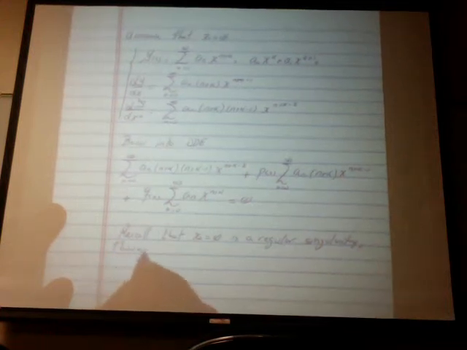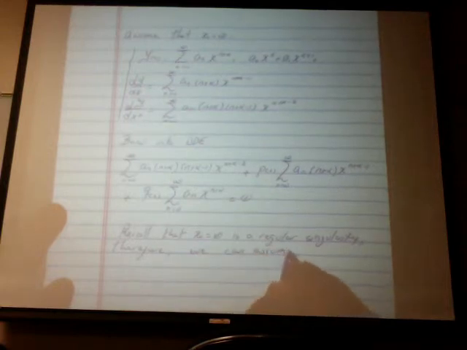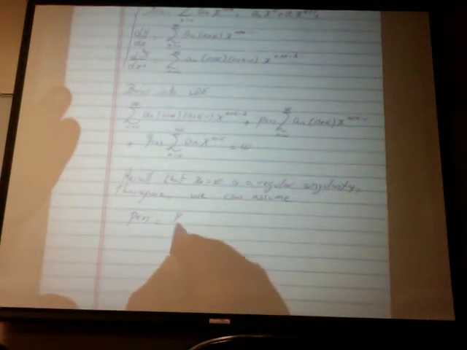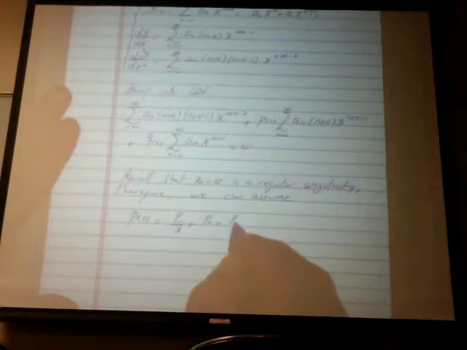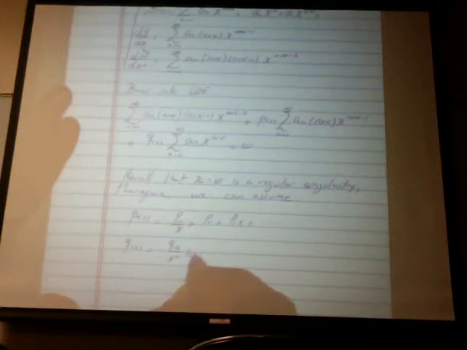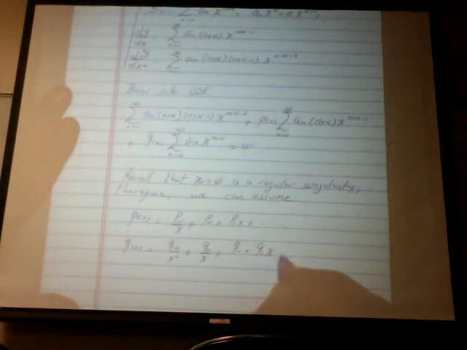Therefore, we can assume the following. We can assume that p of x, whatever it is, is p minus 1 over x plus p0 plus p1 x plus so on and so forth. And q of x is equal to q minus 2 divided by x squared plus q minus 1 divided by x plus q0 plus q1 x plus so on and so forth.